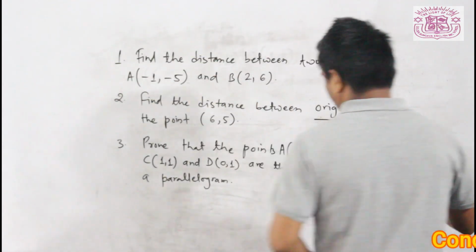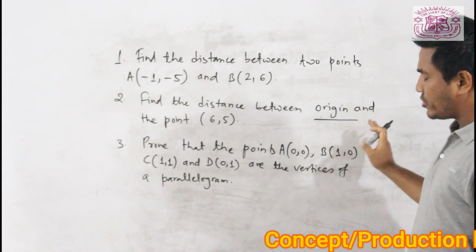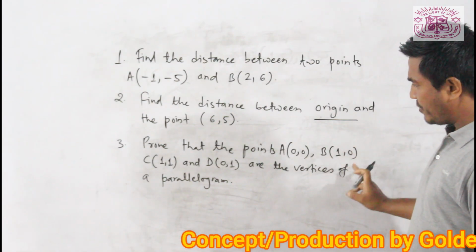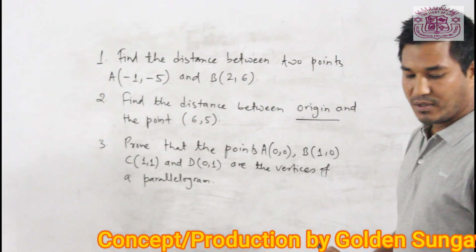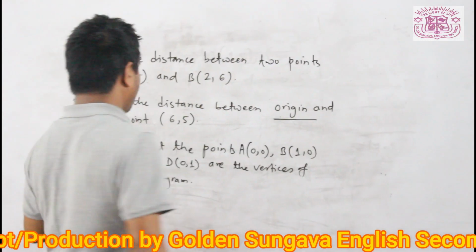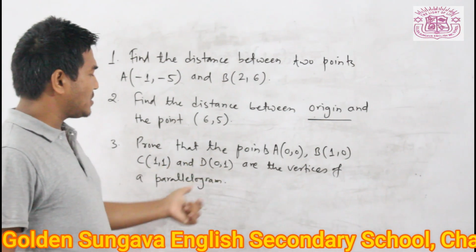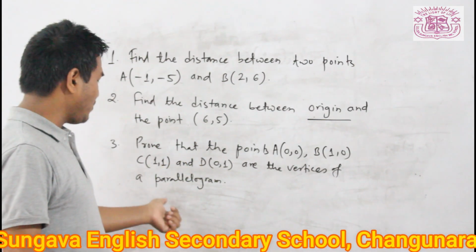Here, these two questions are simple, and this is a 2 marks question, and this is probably a 4 marks question. This is a little bit more work. Here you are asked to prove the given vertices are the vertices of a parallelogram.